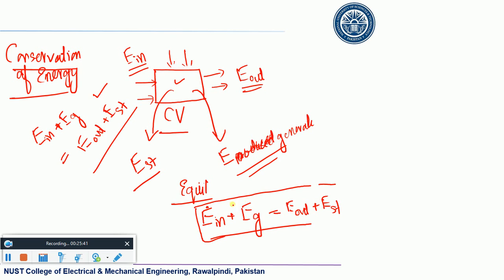So if I put a dot over there, it means the rate of energy coming in plus the rate of energy being generated within the system is equal to the rate of energy coming out of the system plus the rate of energy being stored in the system.